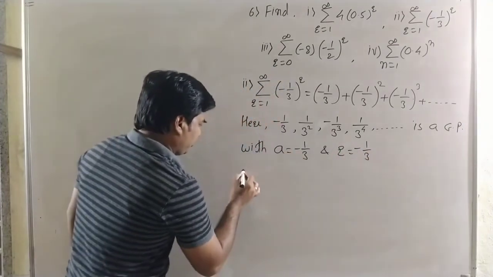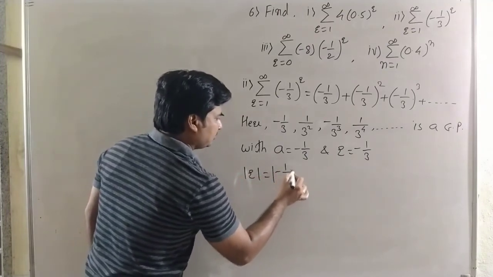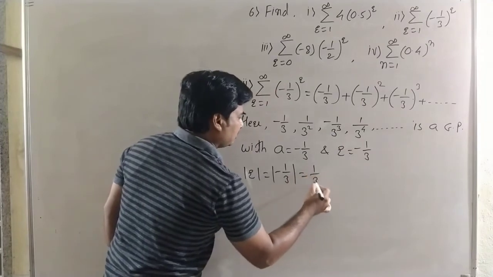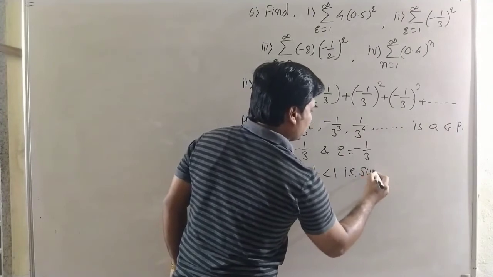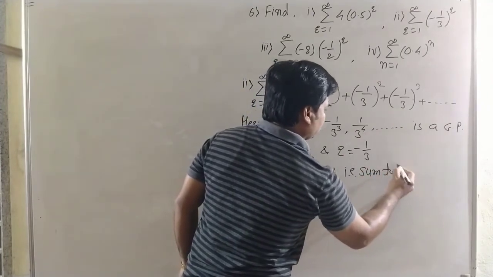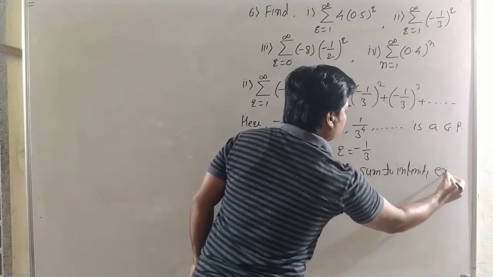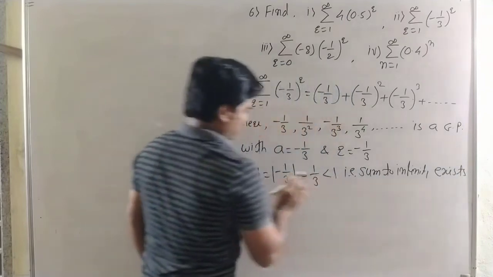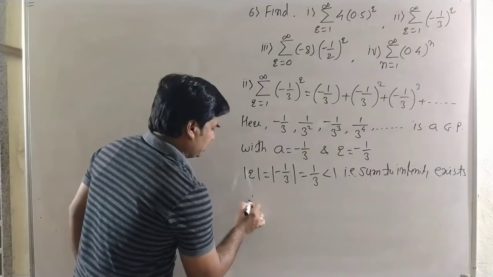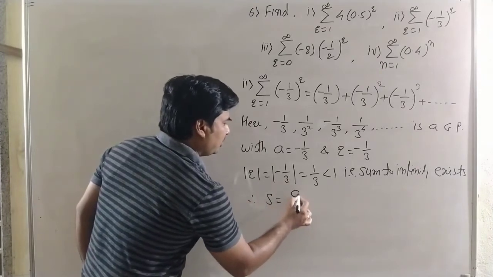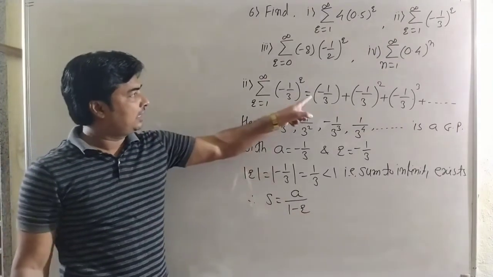Now mod r is the mod of minus 1 by 3, which is 1 by 3, and this is less than 1, that is, the sum to infinity exists because mod r is less than 1. Now we know the formula for the sum: s is equal to a upon 1 minus r.